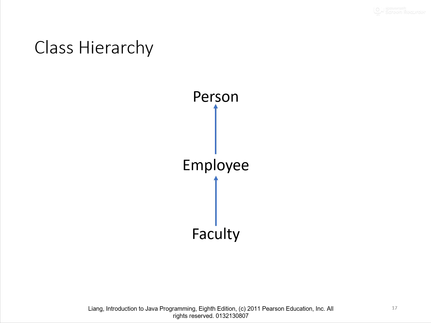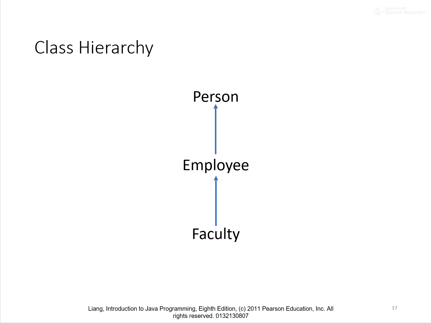But the specific topic that we're interested in is constructor chaining. So basically what happens, so if I create an object of class faculty, in which order are the constructors of these three classes called?